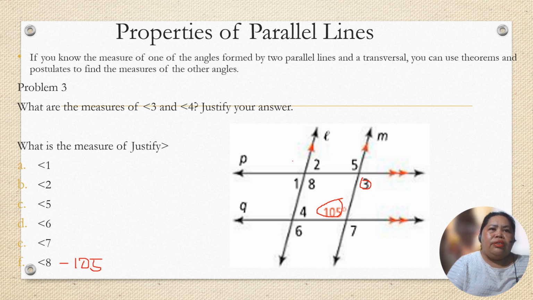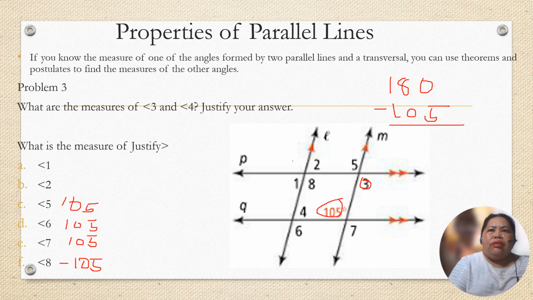And of course, angle 7 is 105. What about angle 6? Angle 6 is the same, so this is also 105. What about angle 5? Since this one is the same, angle 5 is also 105, see? And angle 2, of course, is 180 minus 105.